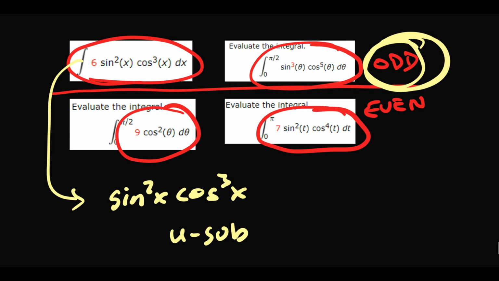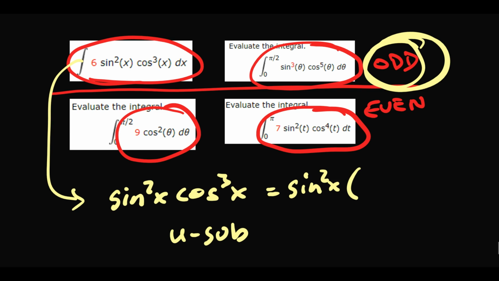Whenever there's an odd power in there, you want to convert it so that there is just a single sine or cosine, like sine or cosine to the 1 power.